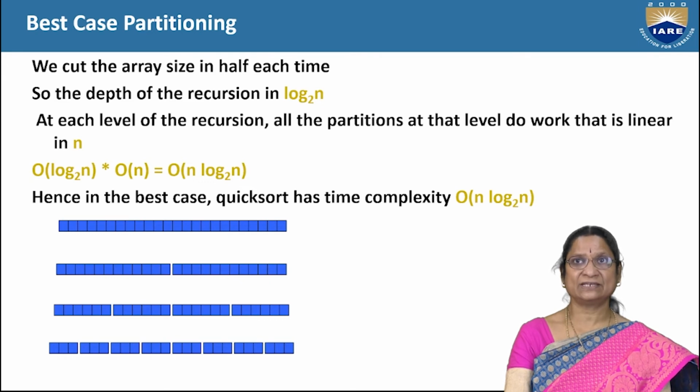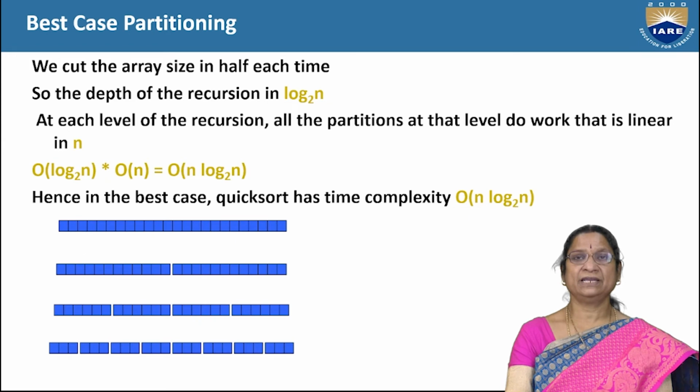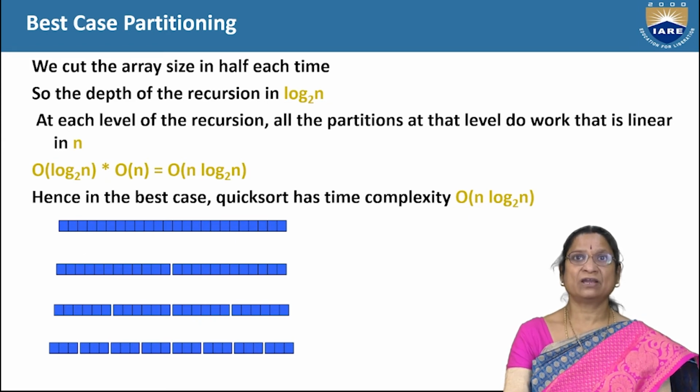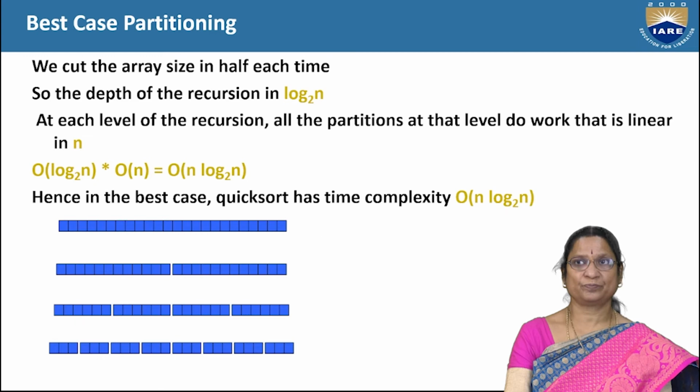We cut the array size into half each time, so the depth of the recursion will become order of log n to the base 2. That is the height of the tree. At each level of the recursion, all the partitions at the level will work in linear time, n. So order of log n to the base 2 multiplied by order of n is equal to order of n log n to the base 2.